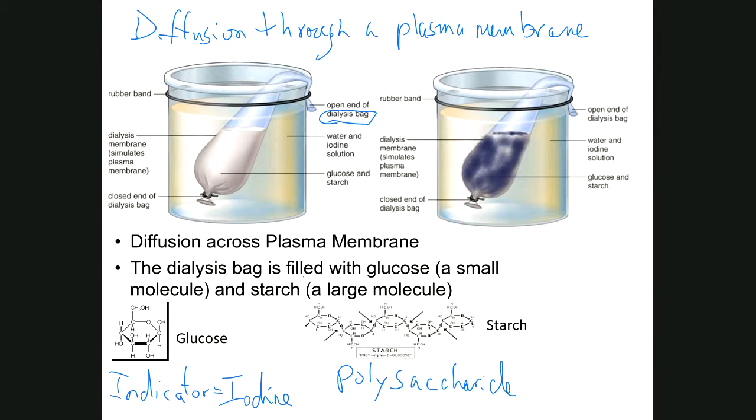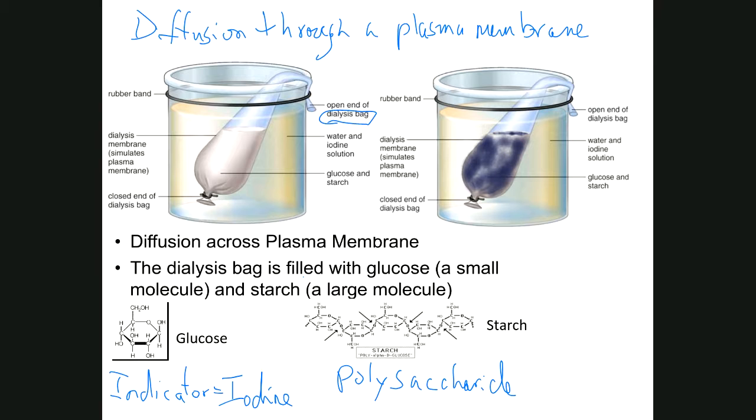So what happens is, why did I put iodine there? Well, I know I have starch inside the bag. Why do I need to have an indicator for whether or not I have starch? The idea of the experiment is to show you guys how large molecules, even though they're similar to small molecules, cannot pass through this membrane.